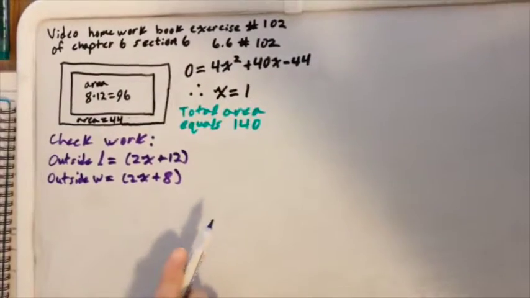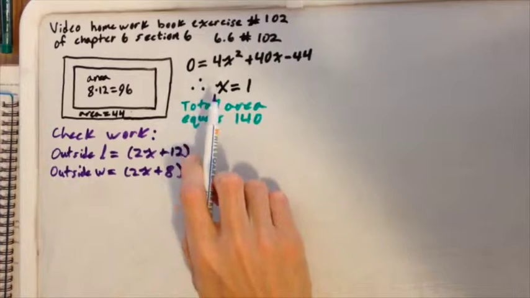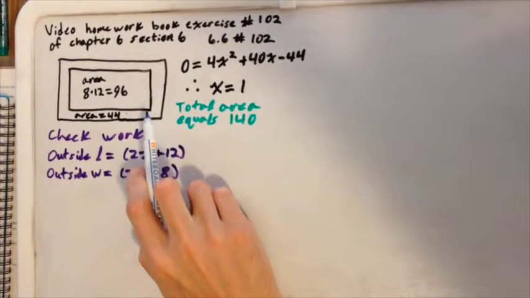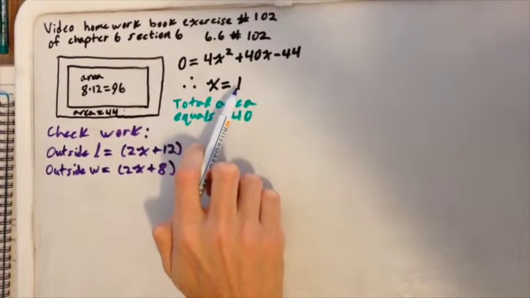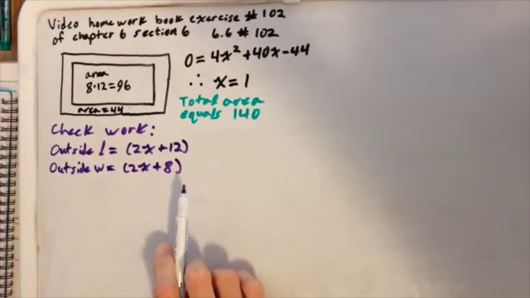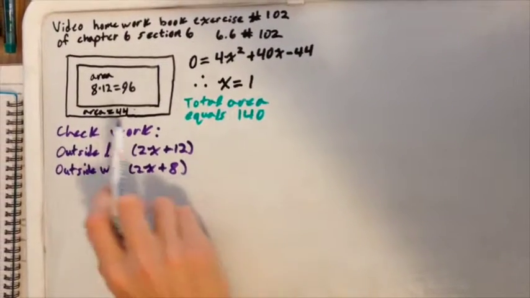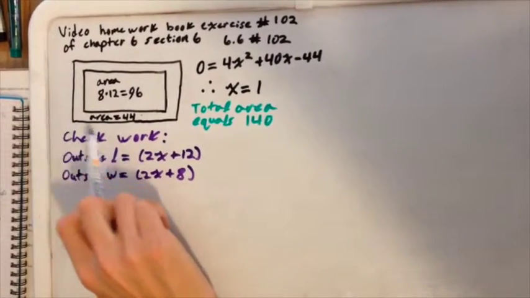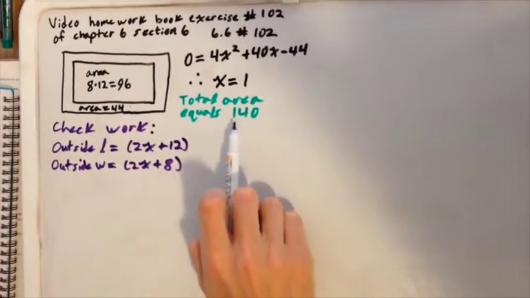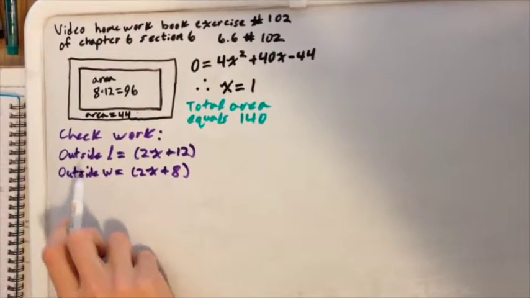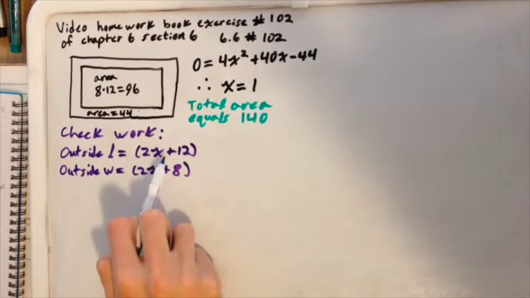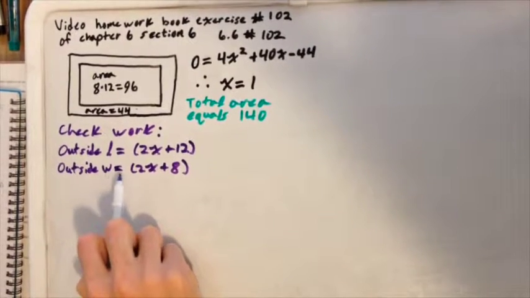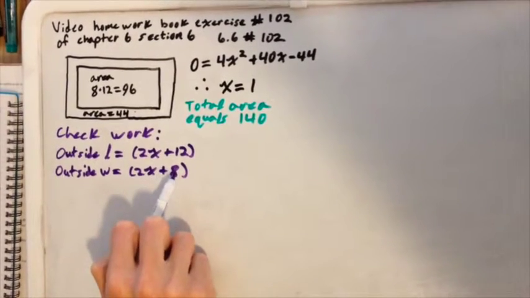We're going to check our work. So we found that x, the uniform width border, should be equal to 1. So let's check that now. We know that the total area of the entire garden and the outside border was equal to 140. So we had that the outside length should be equal to 2x plus 12, and the outside width should be equal to 2x plus 8.